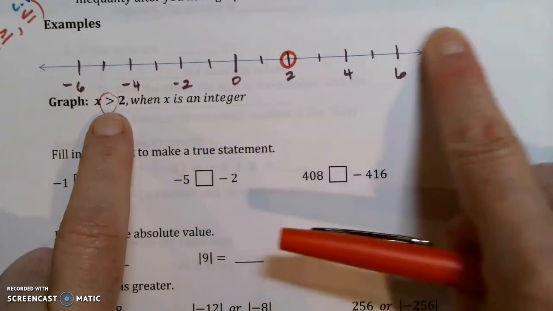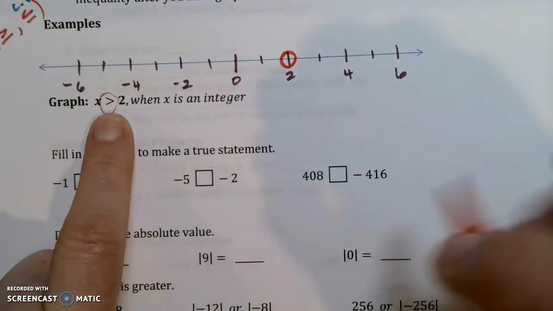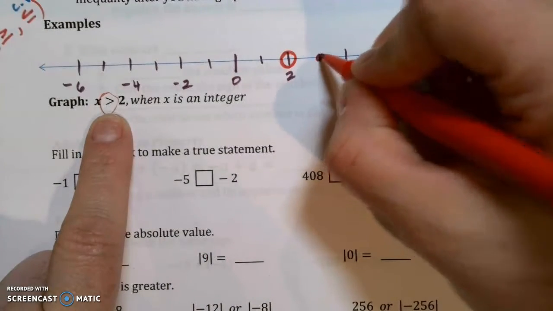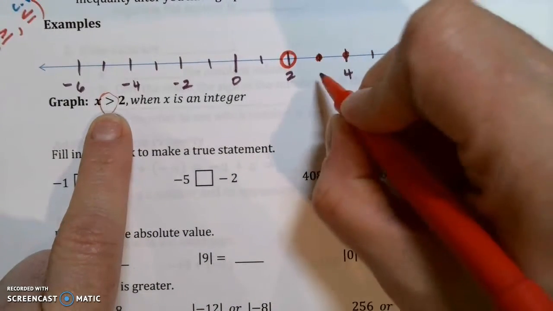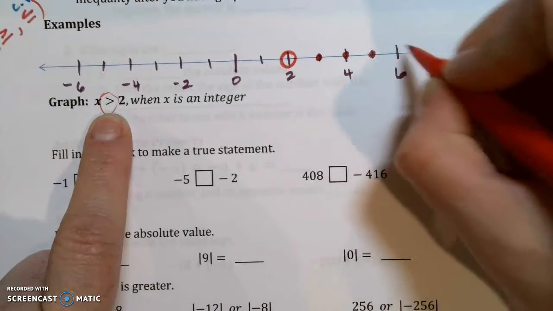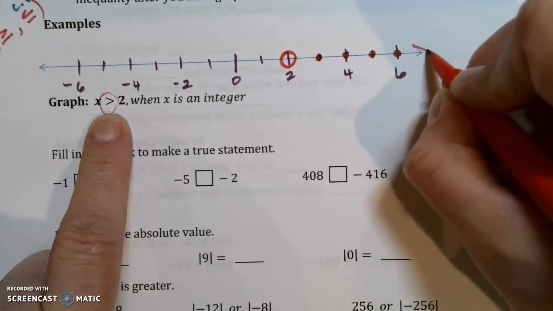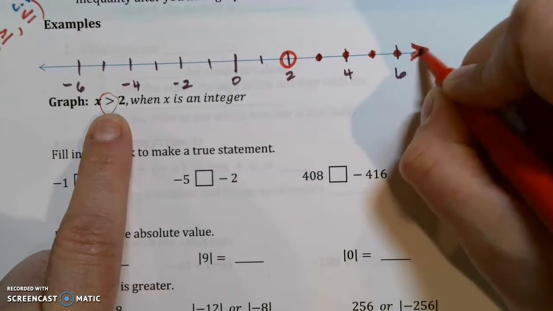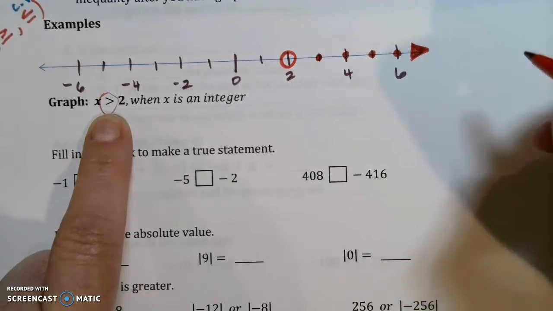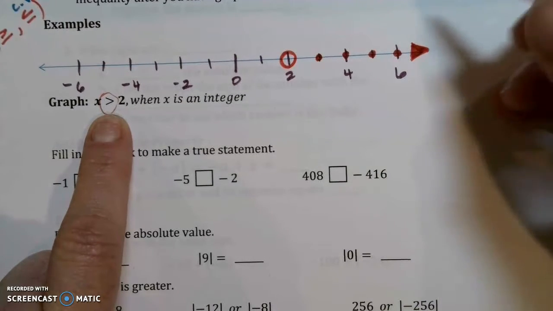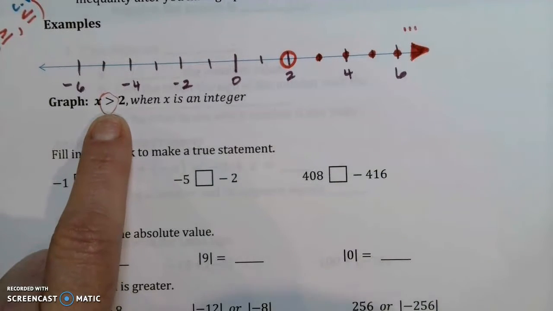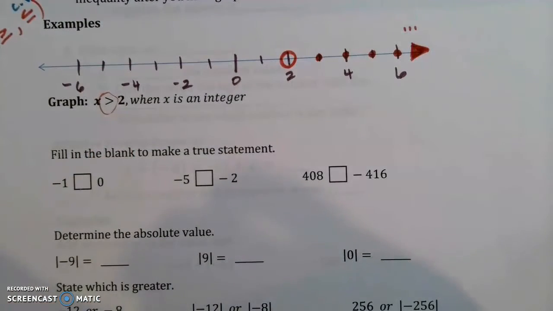So instead of shading everything to the right here, I am going to put dots at every integer value. So this would be 3, 4, 5, 6, and so on. And again, you can use your arrowhead to show that that pattern continues on. You can also use the dot, dot, dot, the ellipsis, to show that that pattern will continue on.